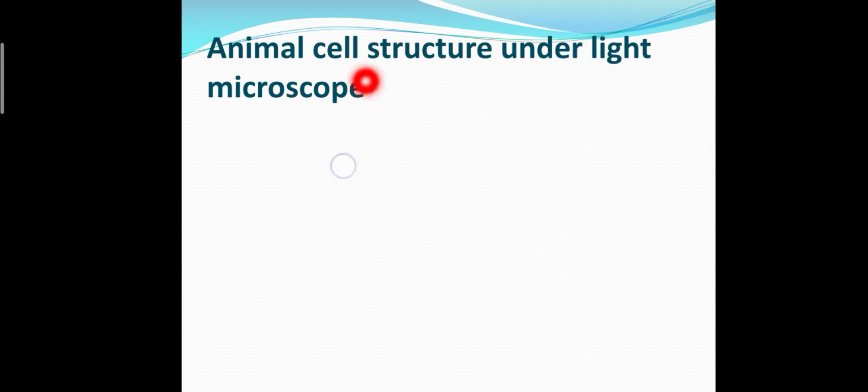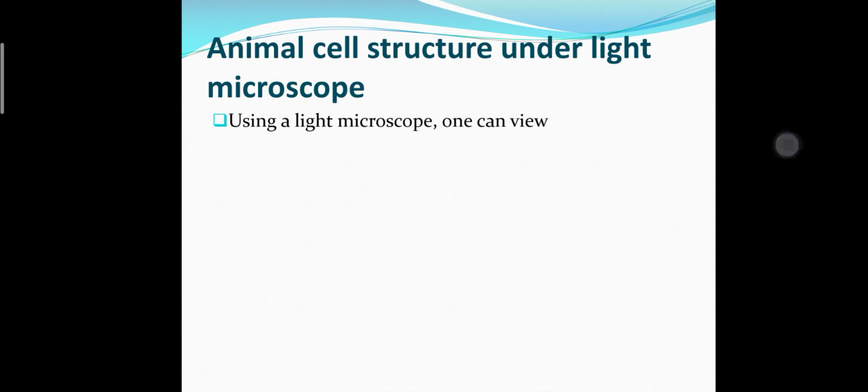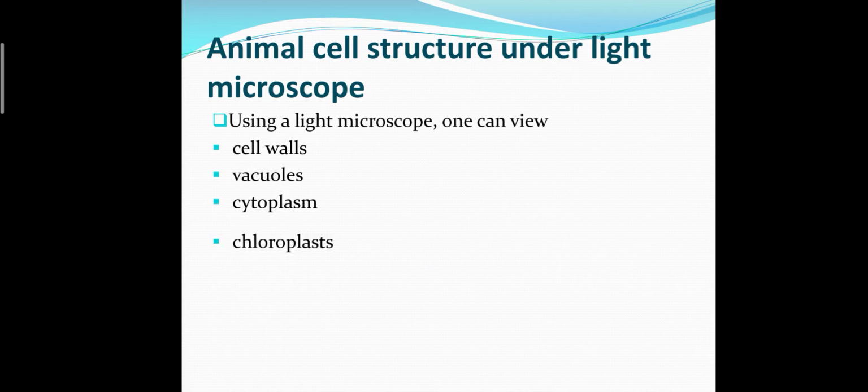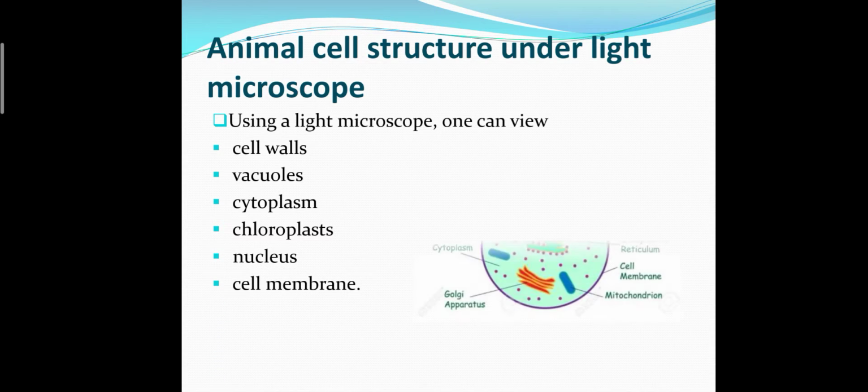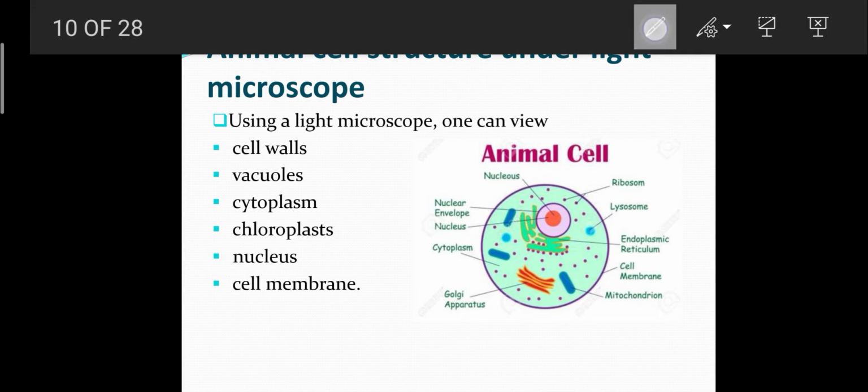Now we will discuss the animal cell structures under the light microscope. Using a light microscope, we can see cell walls, vacuoles, cytoplasm, chloroplast, nucleus and cell membrane. These are the structures of the animal cell which are visible under a light microscope.